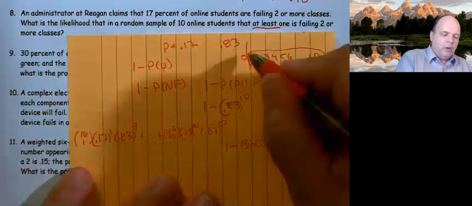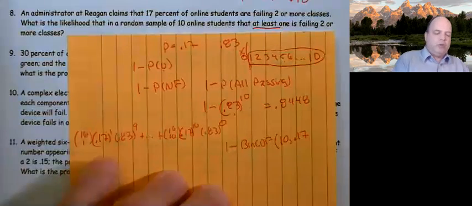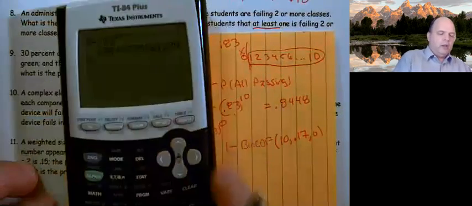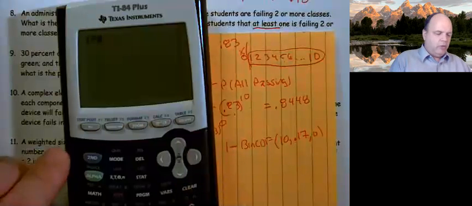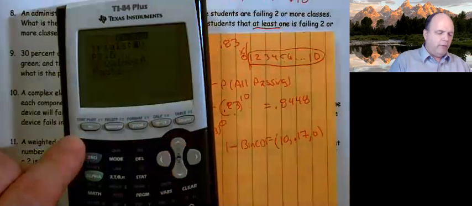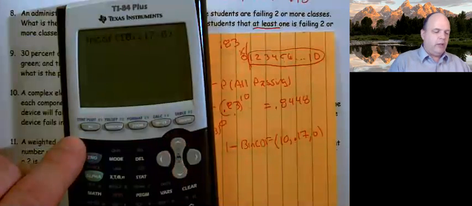And our x value is the one that we subtracted, which happens to be a 0. So on the calculator, this would look like this: 1 minus second vars, binomial CDF, trials is 10, probability that they failed is 0.17, and we wanted to subtract out using the x.